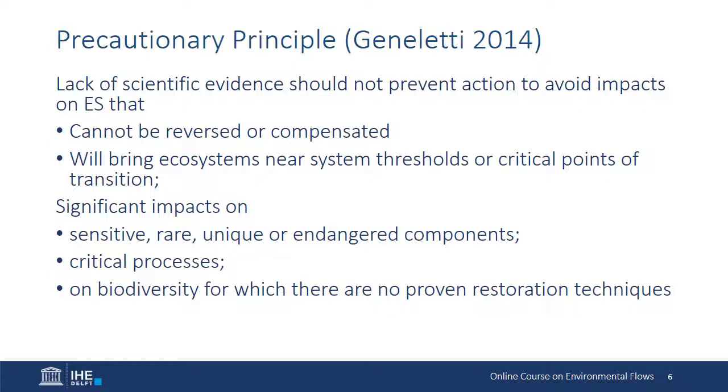It also suggests that actions are needed if the impacts could be significant on sensitive species, endangered species, critical processes, or on particular species, and also in cases where there are no known mitigations.